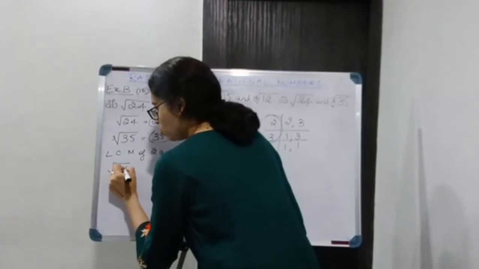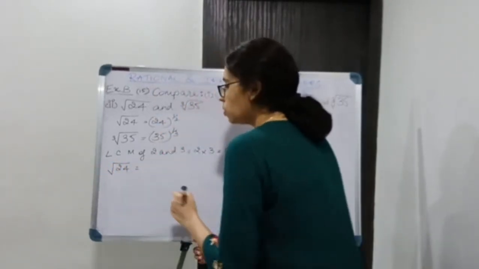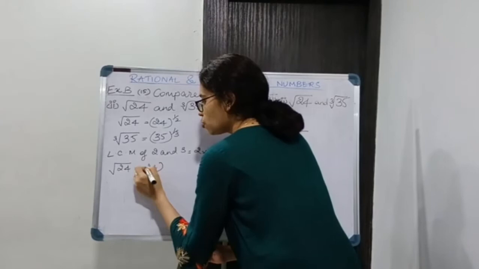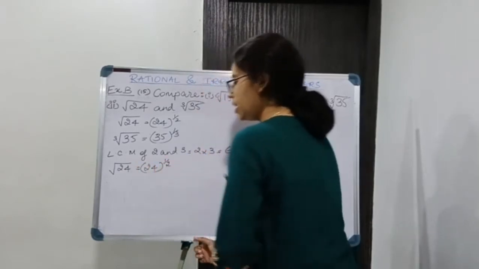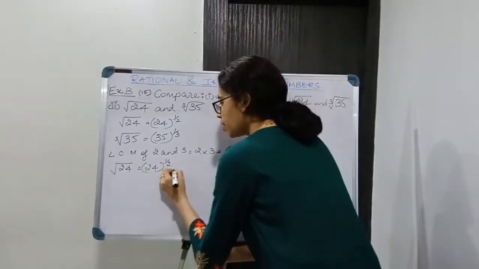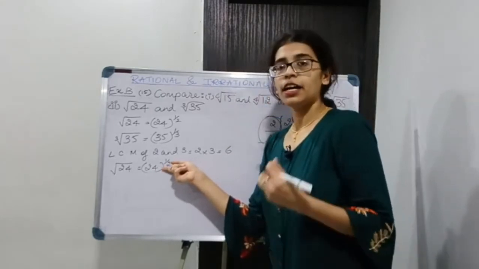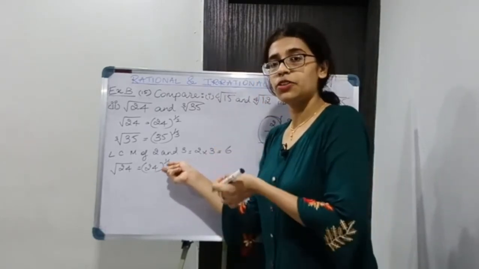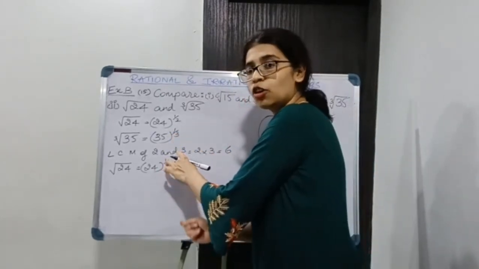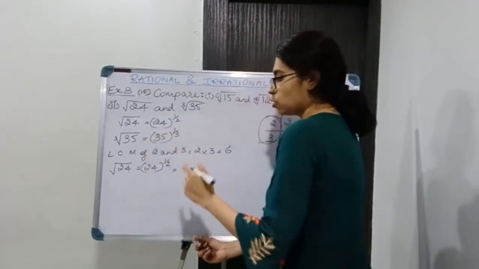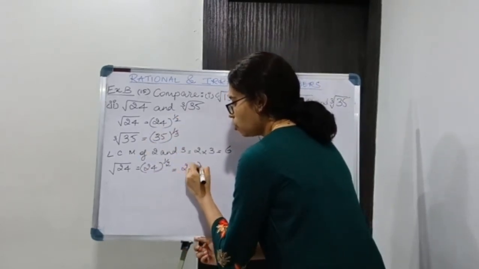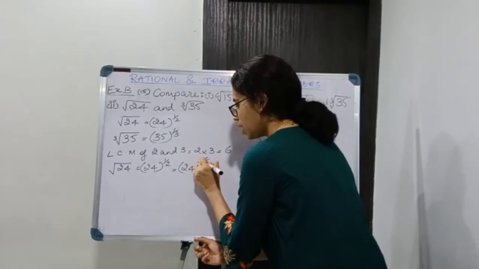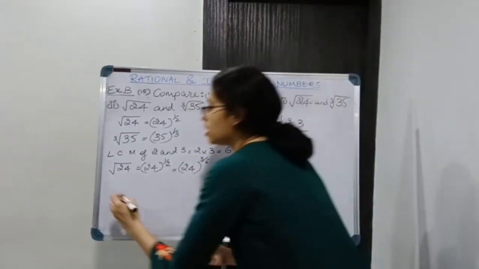Now square root of 24 is equal to 24 raised to 1 by 2. In the denominator I want 6, so I'll multiply by 3. If I'm multiplying the denominator by 3, I'll multiply the numerator also by 3. So it will become 3 by 6.